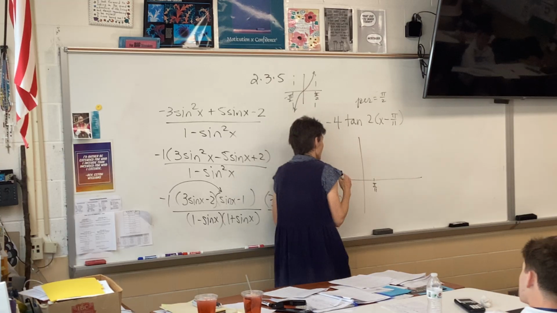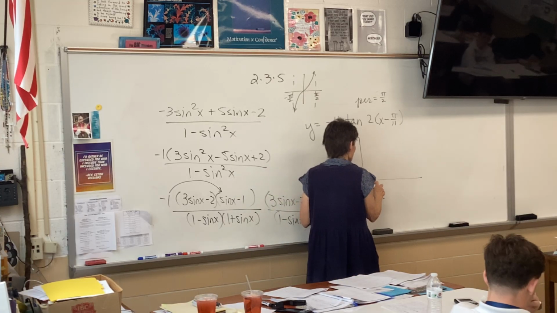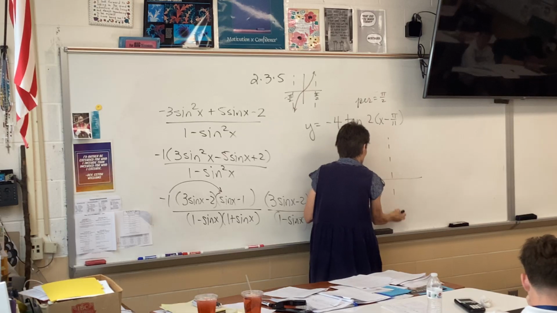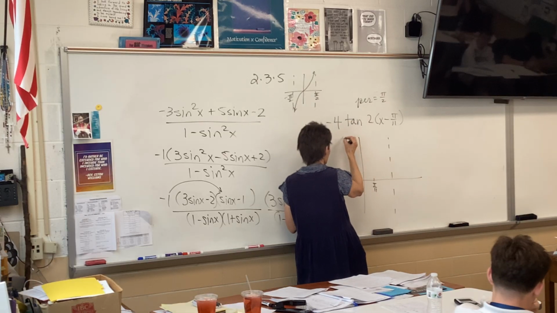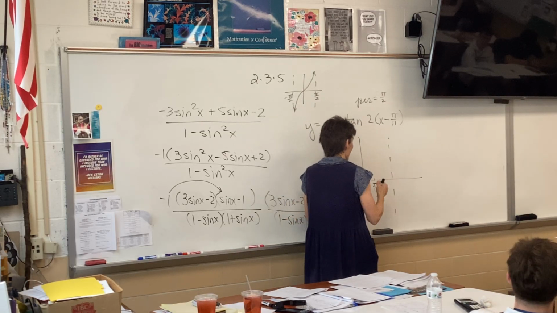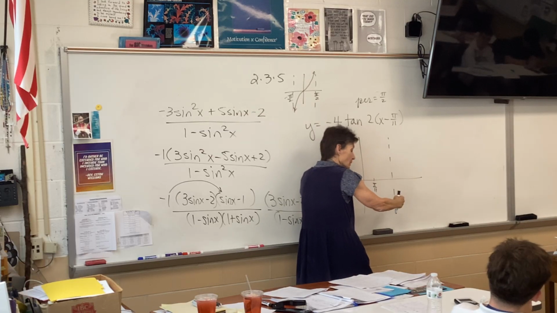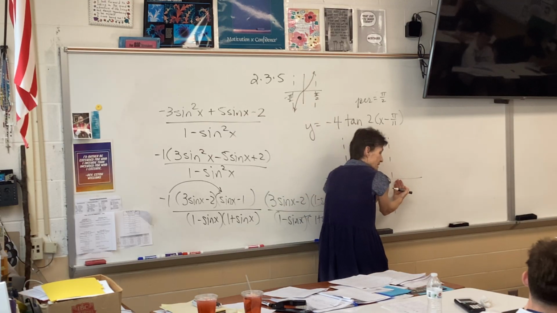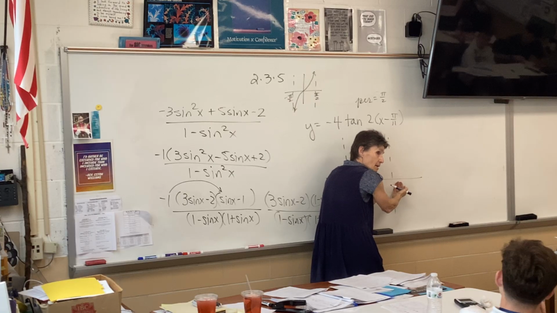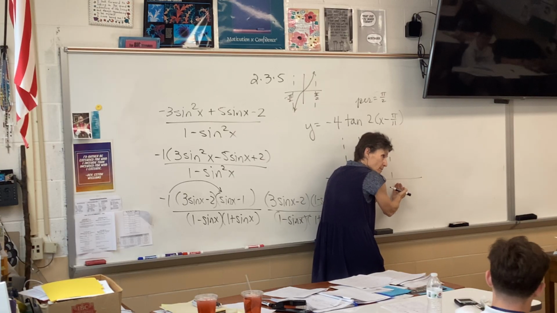Now, that means that from here to, I don't know, the scale could be wrong, I may have to fix this in a minute, but this distance is pi over 2. Which means this distance is pi over 4.